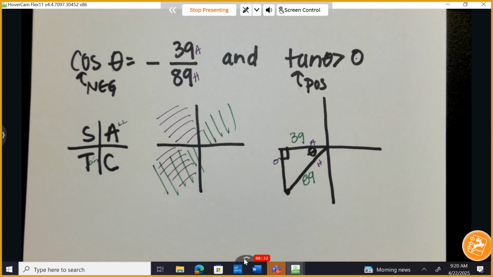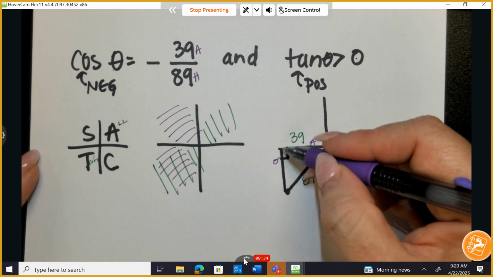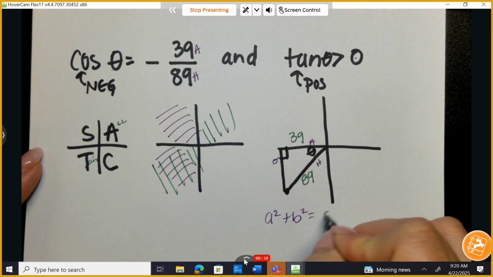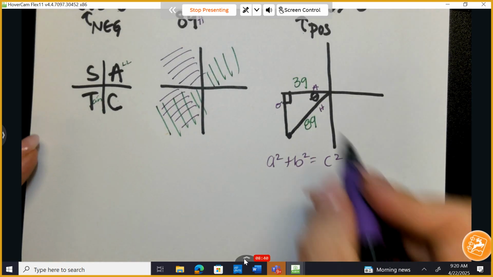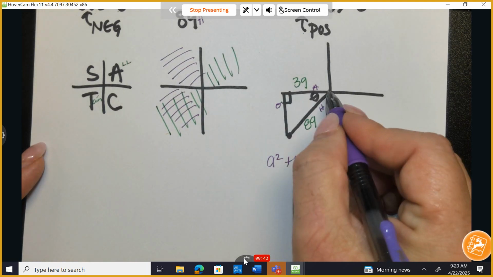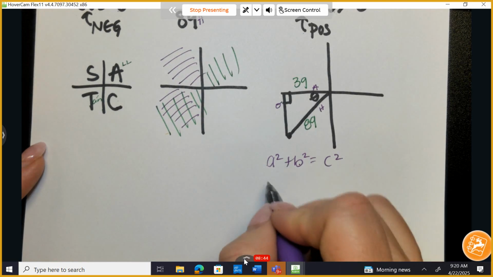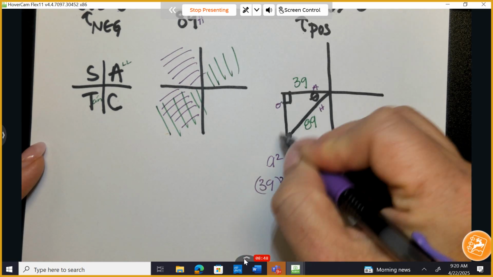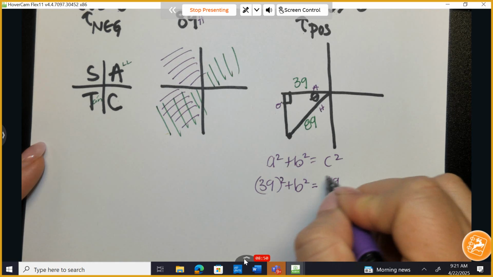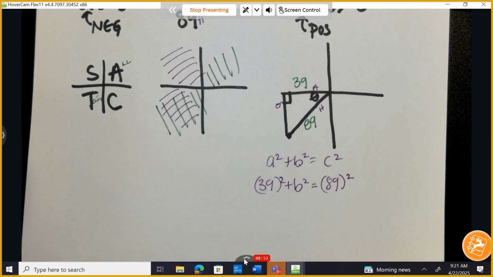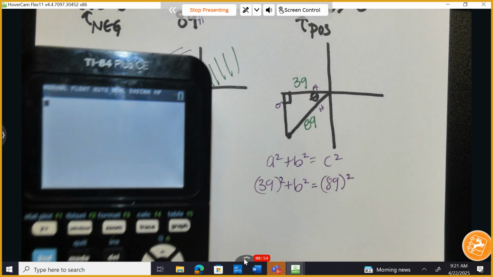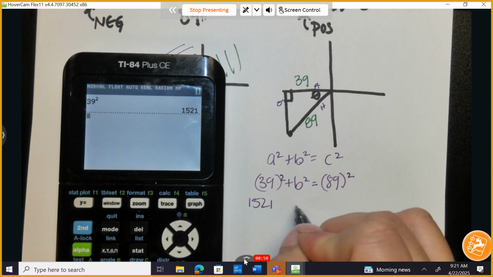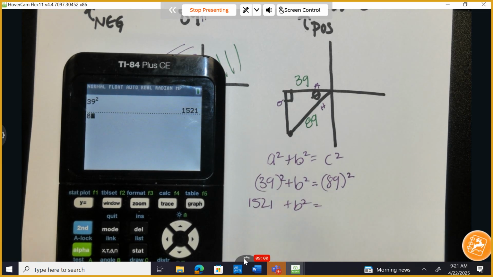And now it's time to find this missing leg, which is right over here. So a squared plus b squared equals c squared. This is a leg, so it can be the a or the b. It's up to you. We don't know the other leg, but we know the hypotenuse is 89. So I'm going to grab a calculator here, and I'm going to go 39 squared and 89 squared.